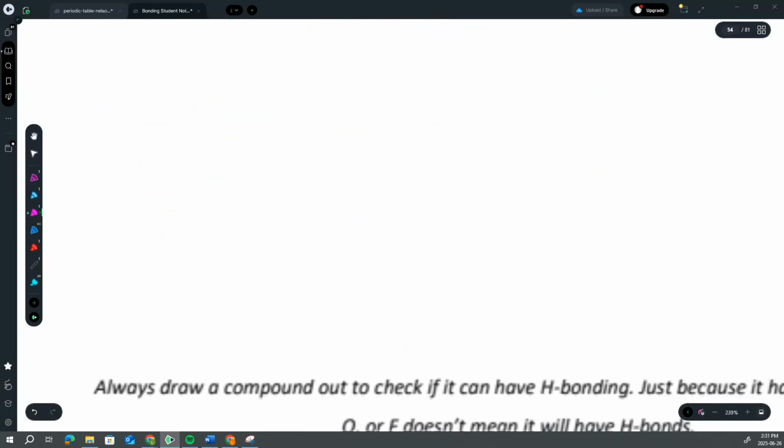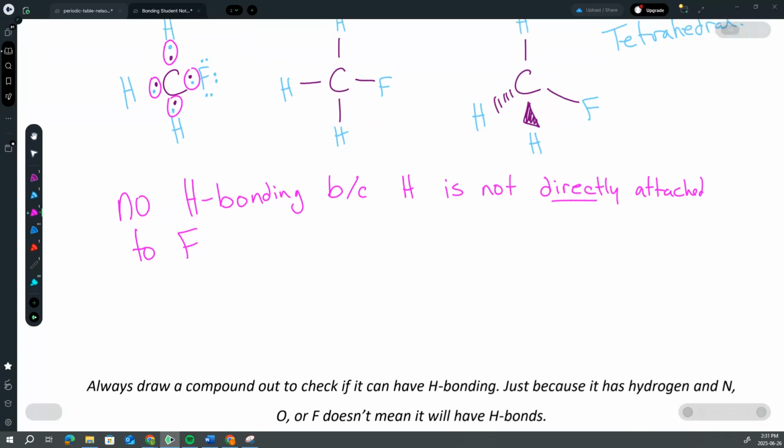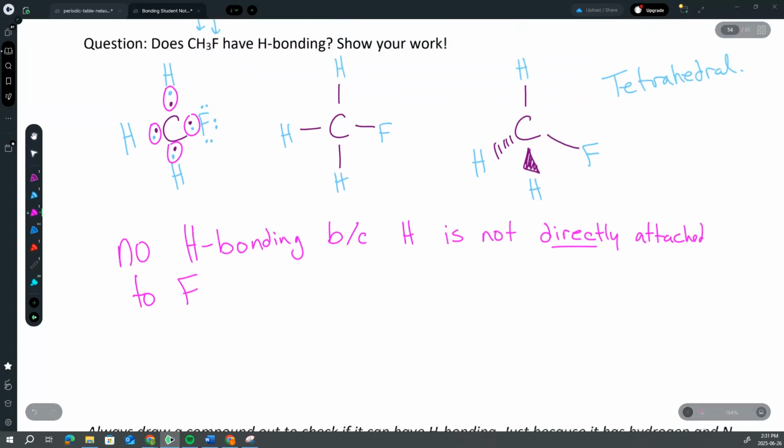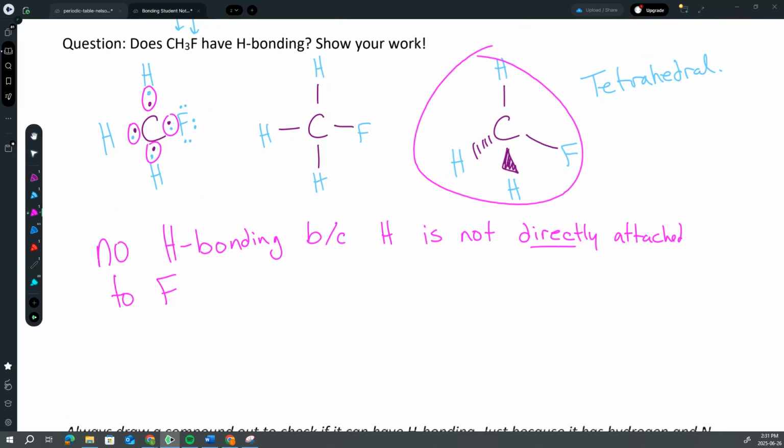But if we were trying to analyze what intermolecular forces this compound does have, well, it has London dispersion forces, because every compound has London dispersion forces. And because this is an asymmetrical compound, it's also going to be polar.